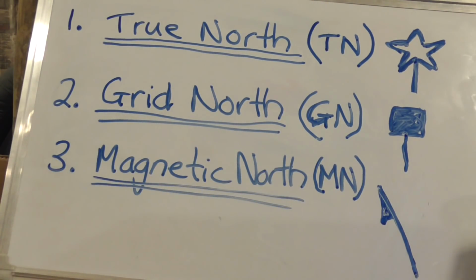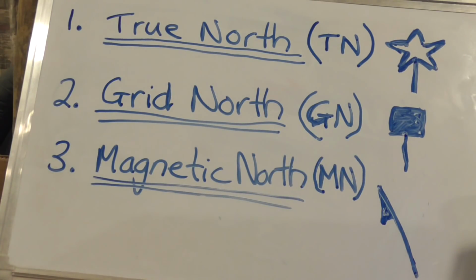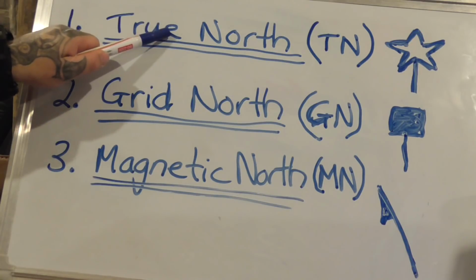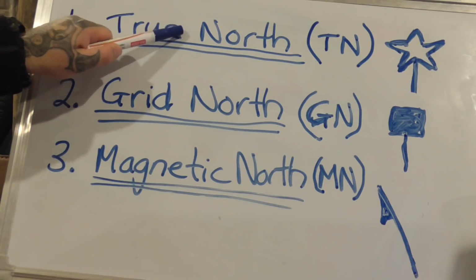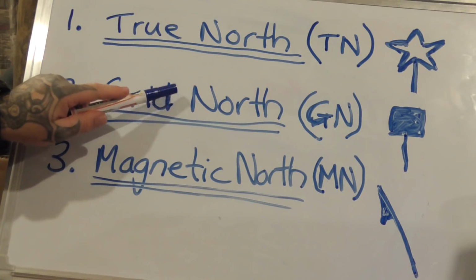Now, magnetic north. What is magnetic north? Again, true north is at the top of the planet, where Santa Claus lives, in the ice, the North Pole. Grid north is the top of the map.